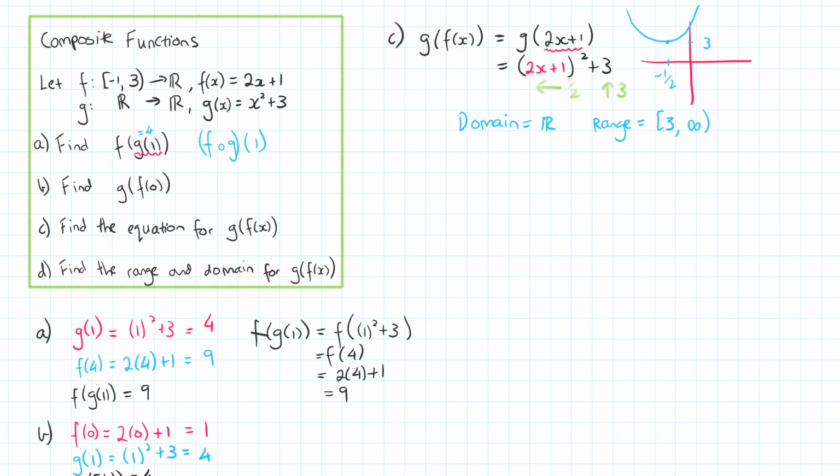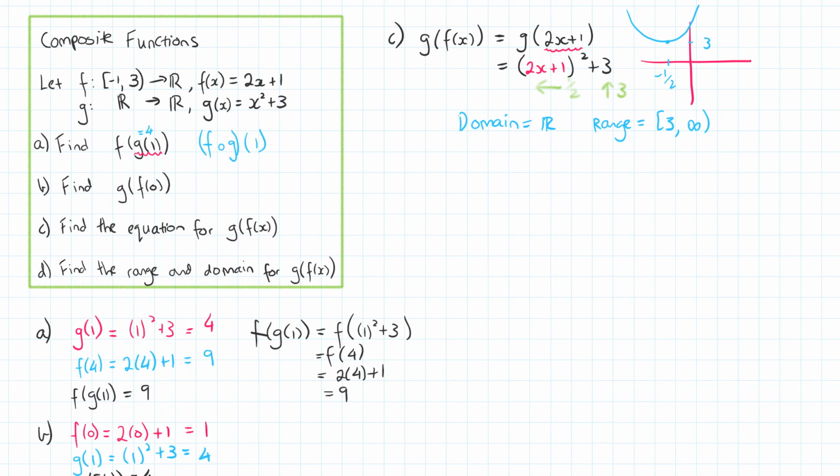Now, you might be tempted to think that they are our ranges and domains for the composite function, but it's actually not correct. And some funny things happen when you have restricted domains in your original equations. This is certainly the range and domain for the equation (2x plus 1) squared plus 3, but it is not the range and domain for this function g of f.